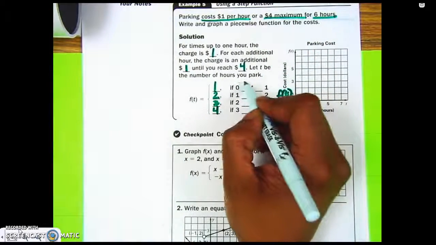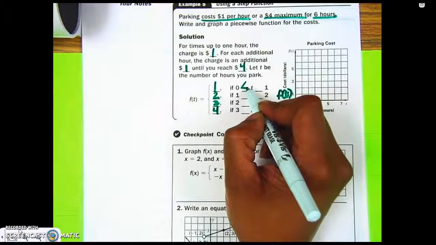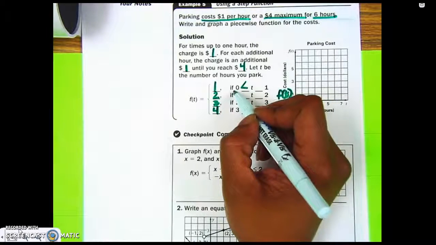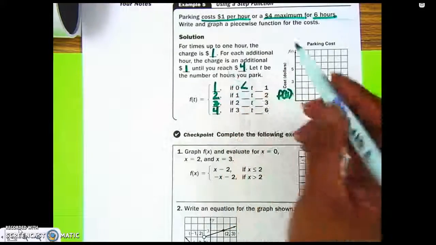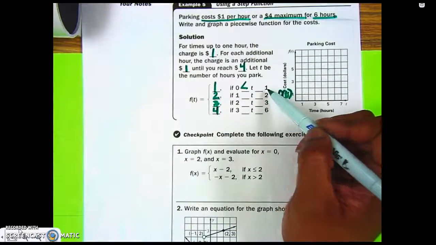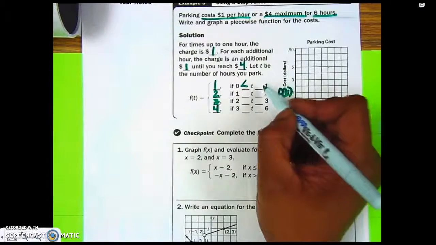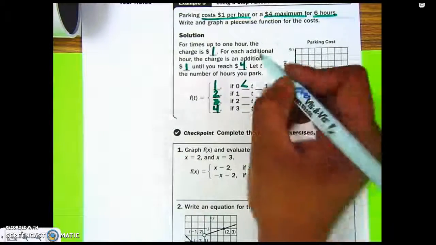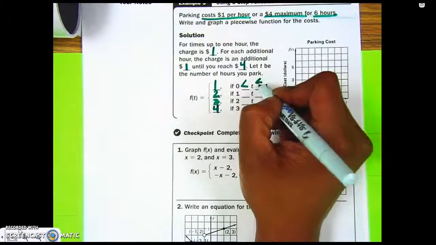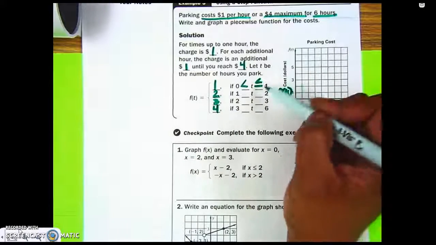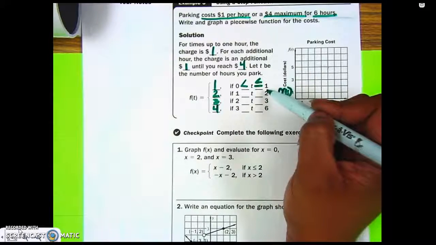So we're going to draw a sign this way to say that t is greater than 0. And then if you stay up to 1 hour, that means that 1 is included, so we're going to draw a less than or equal to sign to represent up to 1 hour.